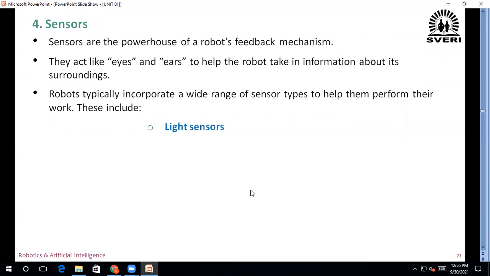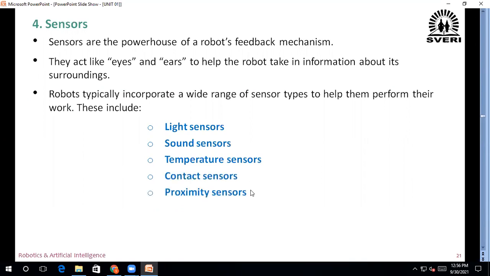These include light sensors, sound sensors, temperature sensors, contact sensors, proximity sensors, distance sensors, pressure sensors, and positioning sensors. Therefore, these are the different sensors which are used in the robot to sense different things, that is light, sound, temperature, contact, proximity, distance, pressure, and position.